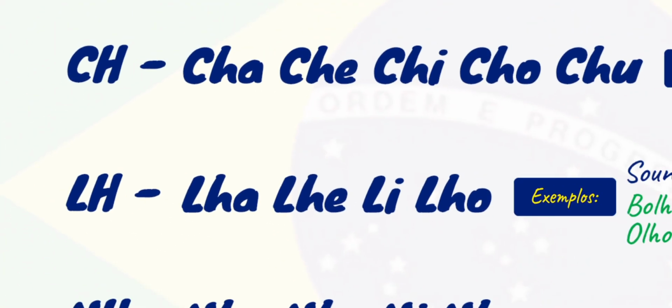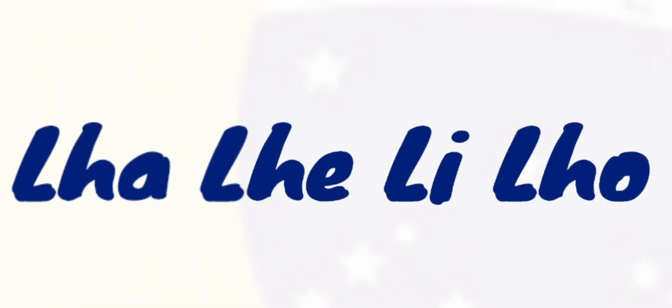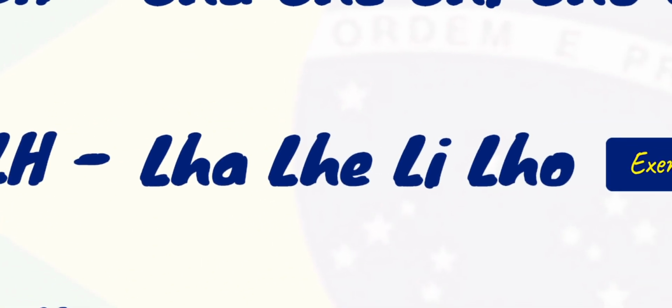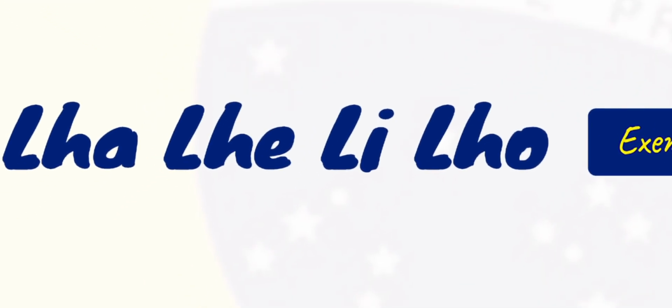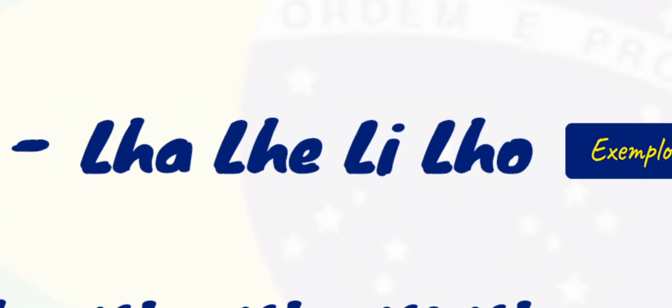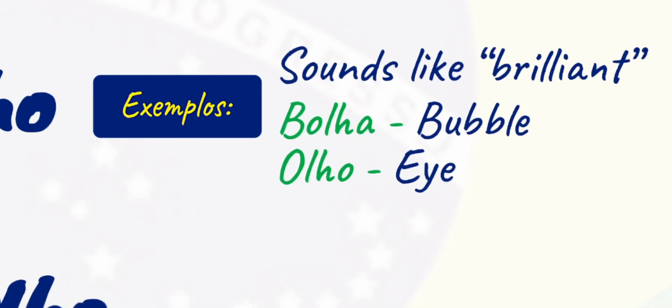With L, we do have the sounds that sound like brilliant, the sound of y. So we have lha, lhe, lho. We don't have lhu and we don't have lhi because in Portuguese the sound that sounds like lhi actually just uses the L and I, without the H. So here we have some examples like bolha, that's bubble, and olho, that's eye.